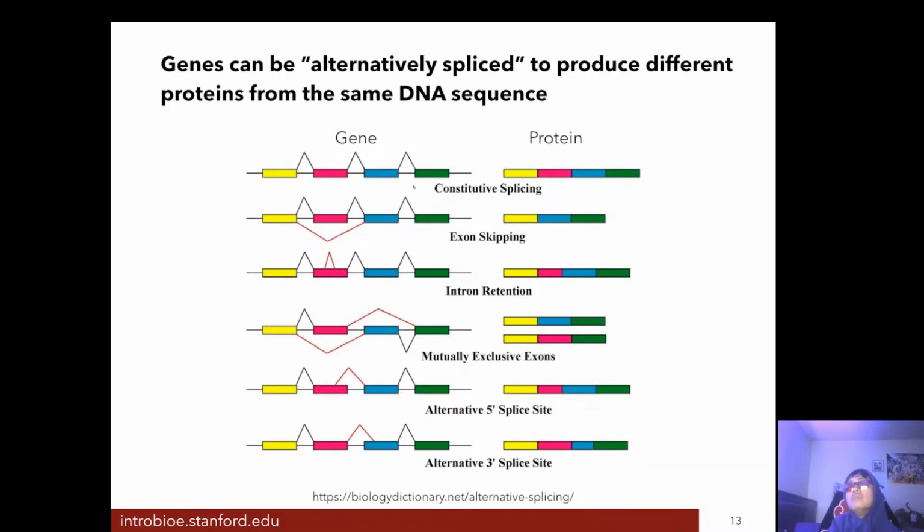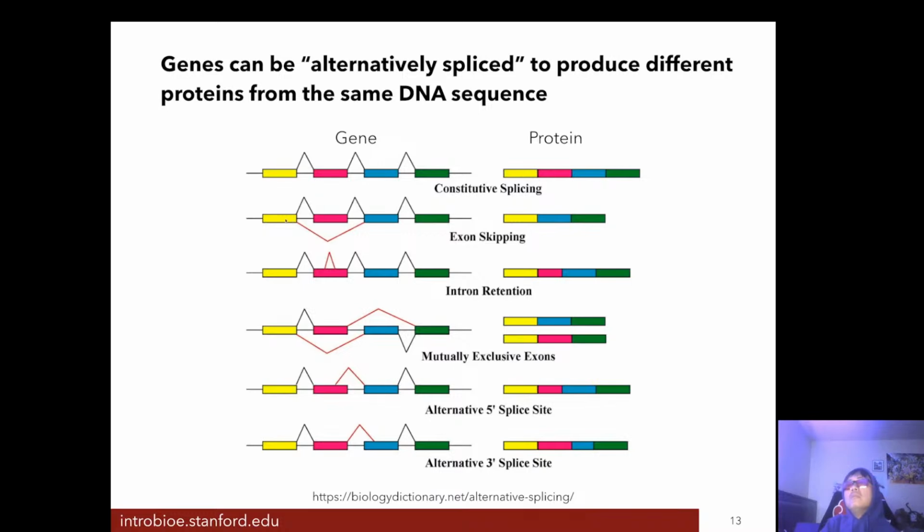And there's actually different ways that you can splice genes together to get different protein products. So here, these bars are supposed to show you different proteins, and the RNA or the gene is shown on the left. And so if every intron in a gene is spliced out, you get what's called constitutive splicing, and that gives you one protein.